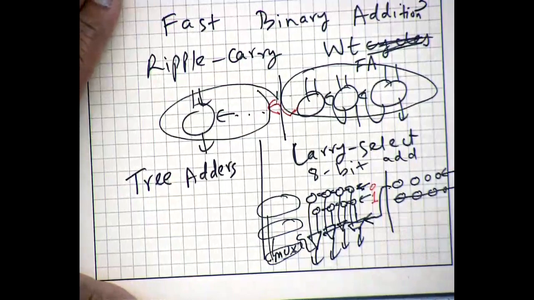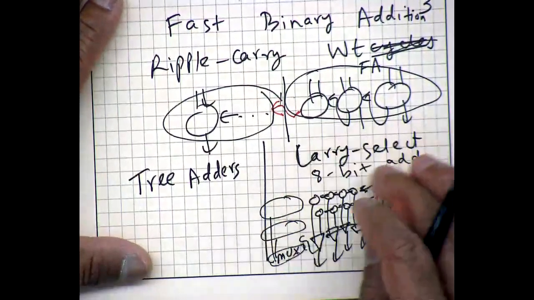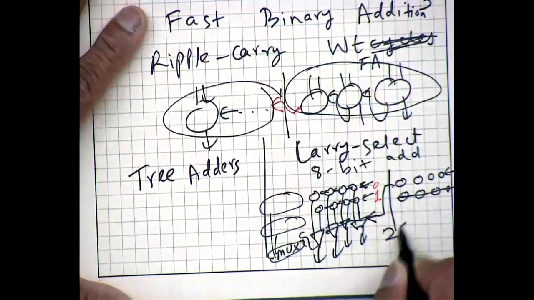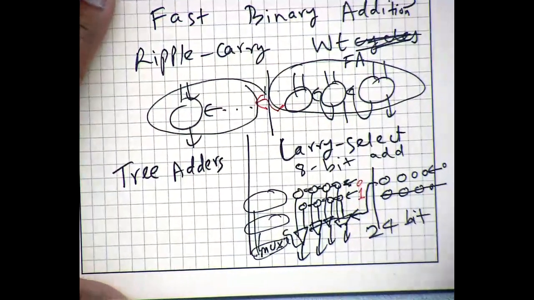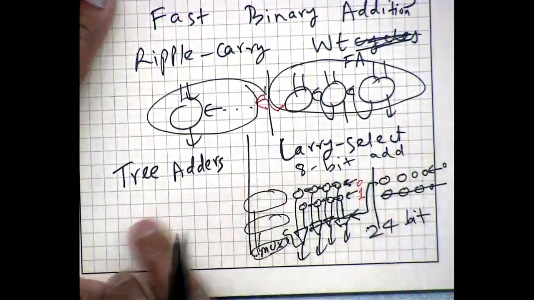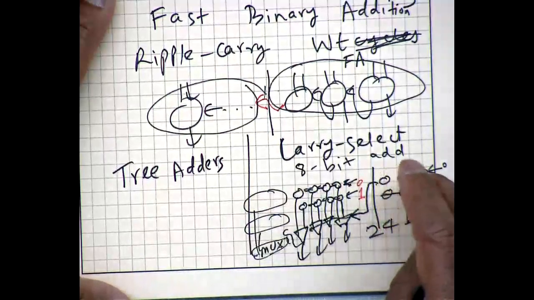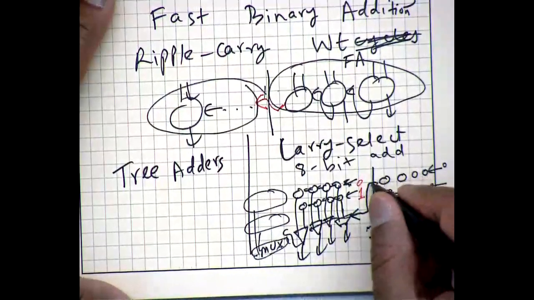So that's one way to speed up adders. For example, let's say we had a 24-bit adder. This is 6 such blocks, and the initial block has carry rippling through 4 stages.